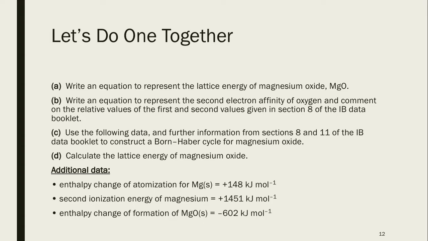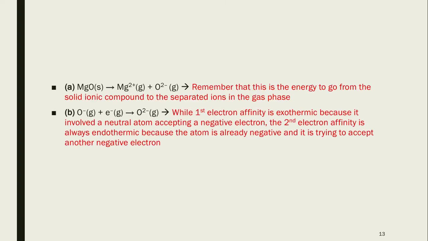The first electron affinity is used to create an O with a -1 charge. The second electron affinity is to take that negative oxide ion, O negative, and add another electron to turn it into O2 negative. The first electron affinity is exothermic because we're taking a neutral atom and giving it a negative electron.